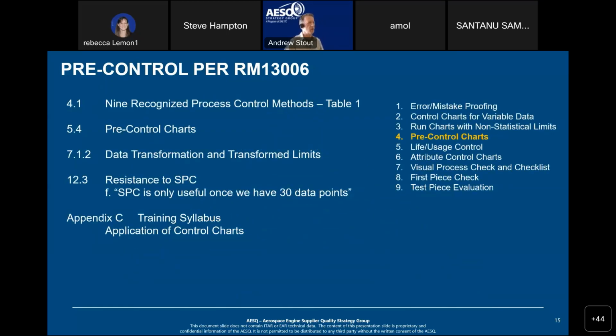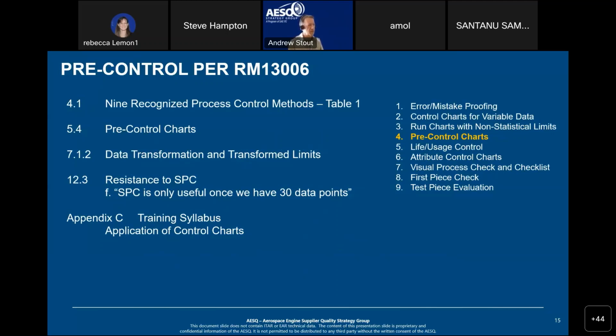So where is PreControl in the RM 13006? We start with it in section 4.1, with the list of the 9 methods shown on the right there. We'll spend a fair bit of time looking at section 5.4. That's where the meat of it is.